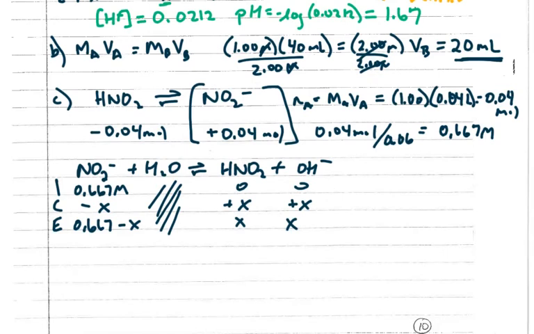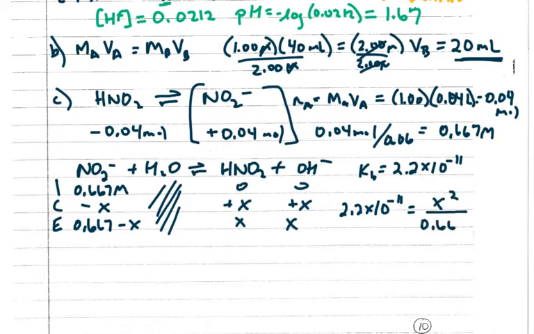All right, the Kb for this base, if we look it up, is 2.2 times 10 to the negative 11th. So the Kb, 2.2 times 10 to the negative 11th, equals x squared over 0.667 minus x. This is a super small Kb, so this x is certainly going to be negligible.